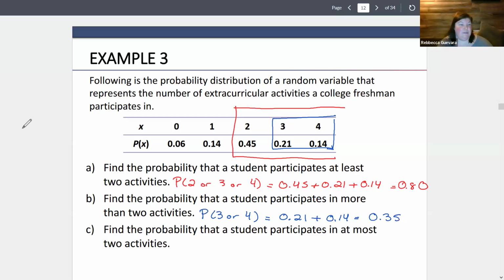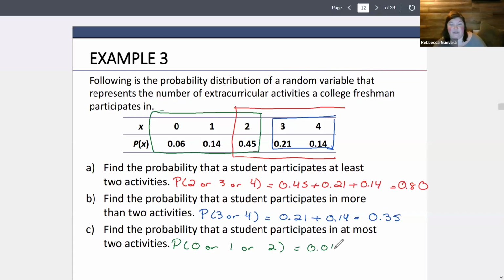And then the last one: what is the probability the student participates in at most 2 activities? At most means that is the maximum that they can do. So that is the probability they participate in 0 or 1 or 2 activities, because at most they're doing 2.